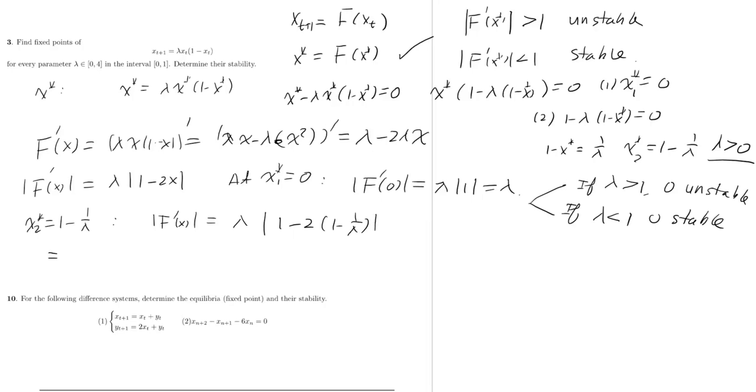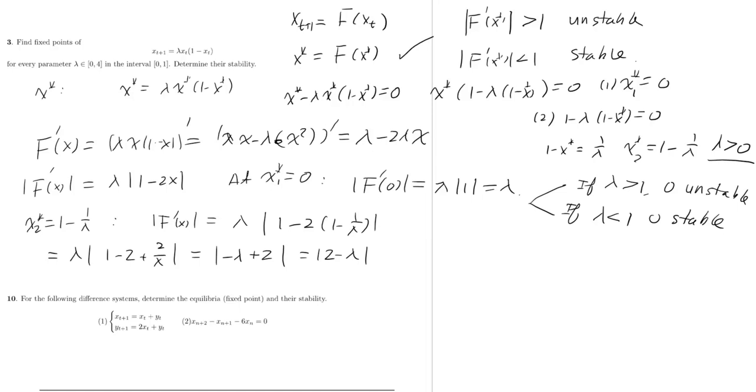And that will give us lambda times 1 minus 2 plus 2 over lambda. Let's multiply lambda inside, so we will have negative lambda plus 2. So that's what we have, or you can say 2 minus lambda.